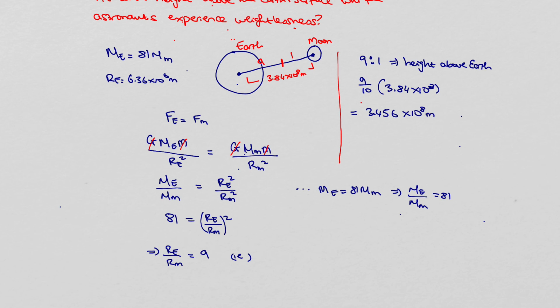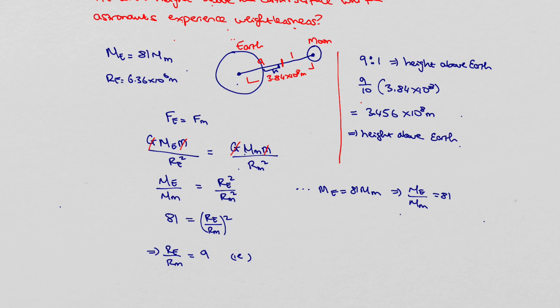But of course, that's the distance from the centre of the Earth. So therefore, the height above is just this little bit here. So that's going to be h, if I mark that on my diagram. Height above the Earth means I need to subtract the radius of the Earth.